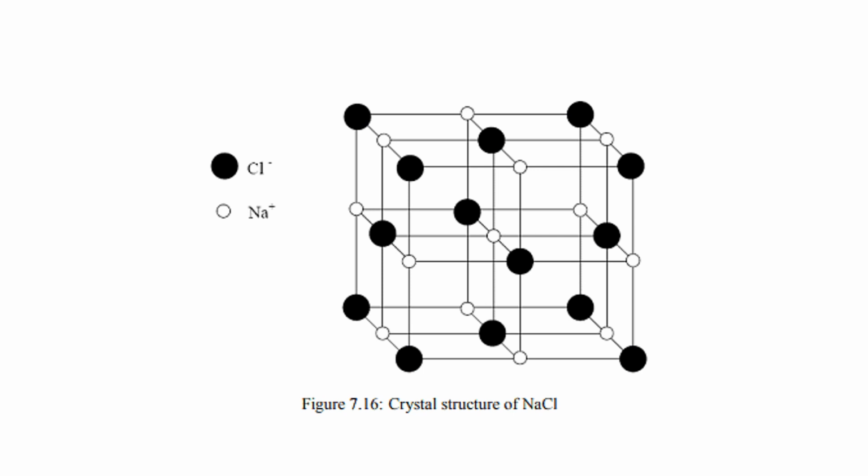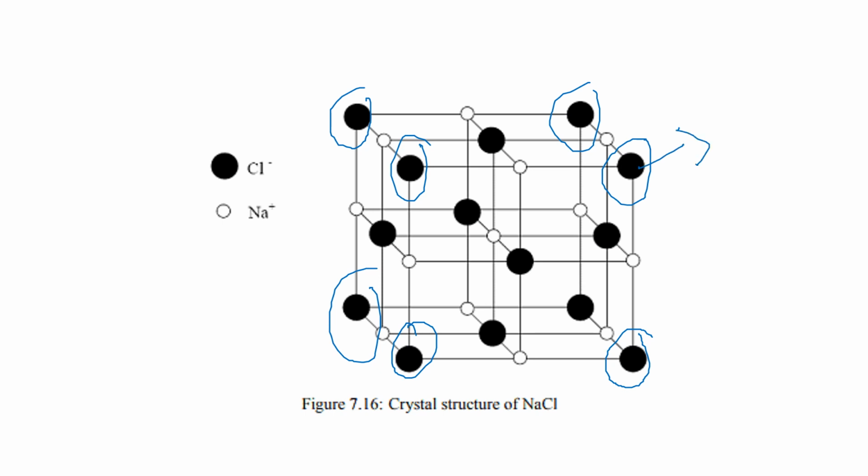Just have a look at this figure. Now if I highlight the Na, it is here, here, here, here, here, here, and here. These are what? The corners. Let's count it on the faces. 1, 2, 3, 4, 5, 6.